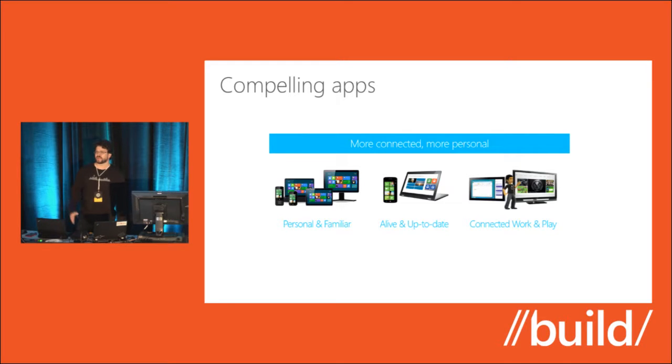The start screen on both devices will put your app at the center of that experience. Now, your apps and your scenarios, they're going to light up all the new hardware and devices that you're seeing. You saw some beautiful hardware and devices this morning. It'll be your apps that'll make those rock. And you'll want to build these great apps for both platforms as efficiently as possible. And you'll be able to do just that using the techniques that we're going to show you today.